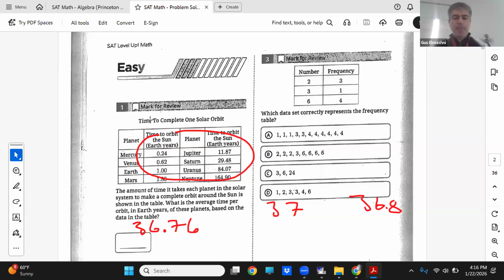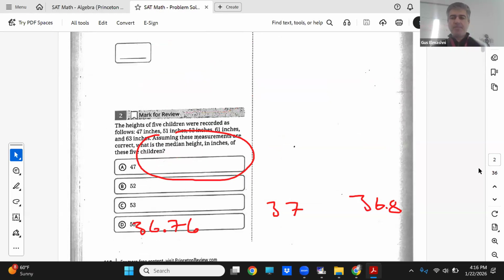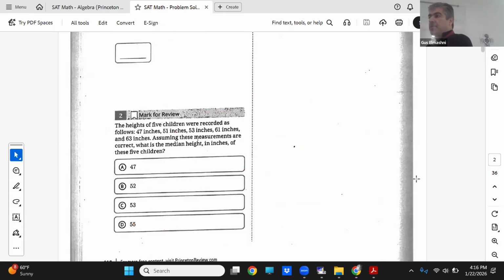Yep, the decimal counts as 1. I forgot: median is the middle number when it's ranked. Median, mean, which is just the average. Mode is the third one. Mode is the most often, the most frequent.